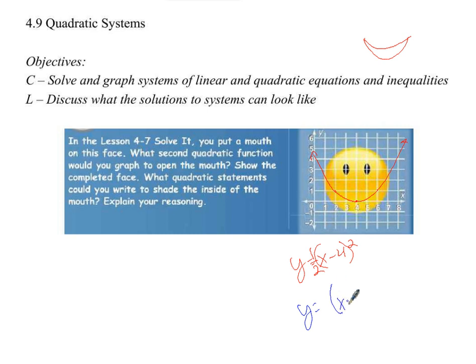X minus 4 again, squared. But now plus 1 to move that vertex up here. If we use 1/2 again, we're going to see exactly the same parabola up here. It's not going to be closed like this.